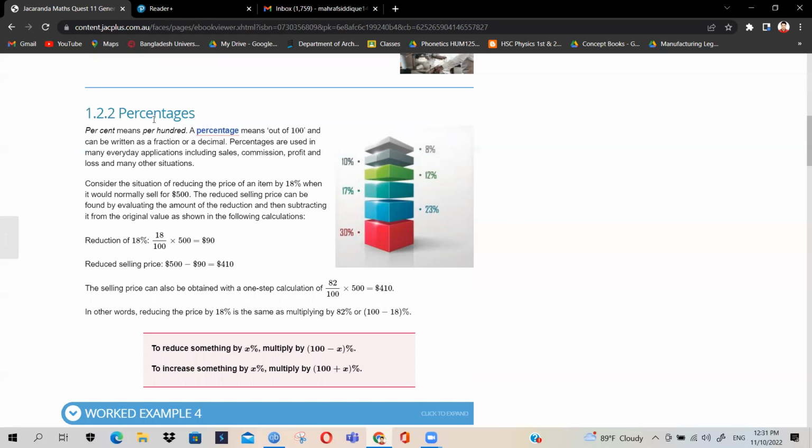So cent means 100. Also, you are used to cricket, so we call the term century. Century has also come from the term cents. Century means scoring 100. So a percentage means out of 100.